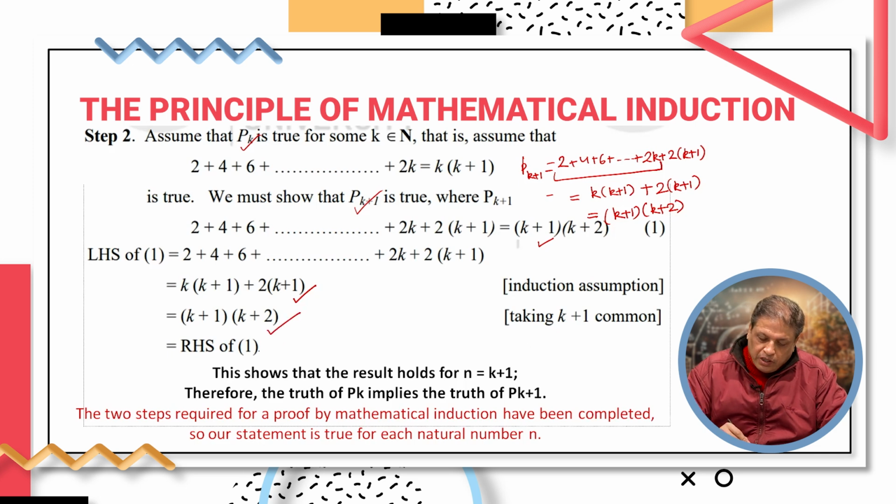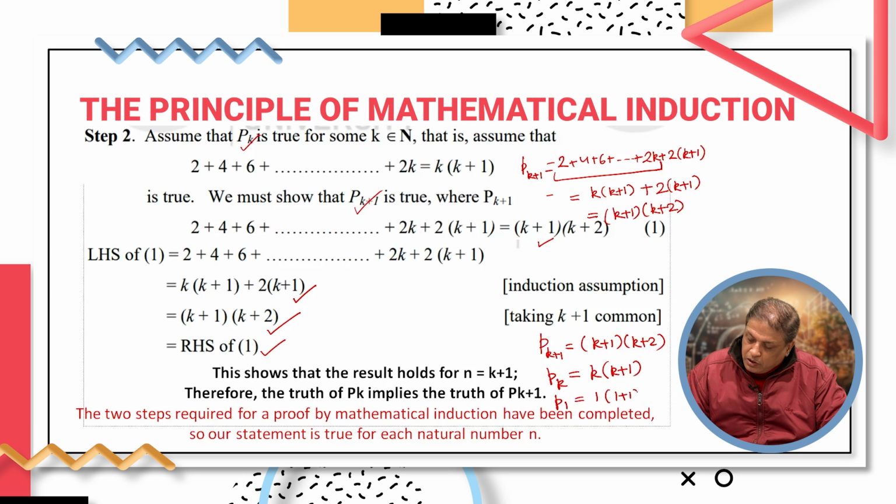So, this is very true that the right hand side of the Pk plus 1 statement is k plus 1 into k plus 2, and we were having Pk as k into k plus 1. And we were having P1 as 1 into 1 plus 1, that is 2, and that means P1 is true. We assume that Pk is true, and we verified that Pk plus 1 is also true. It is following the same pattern.